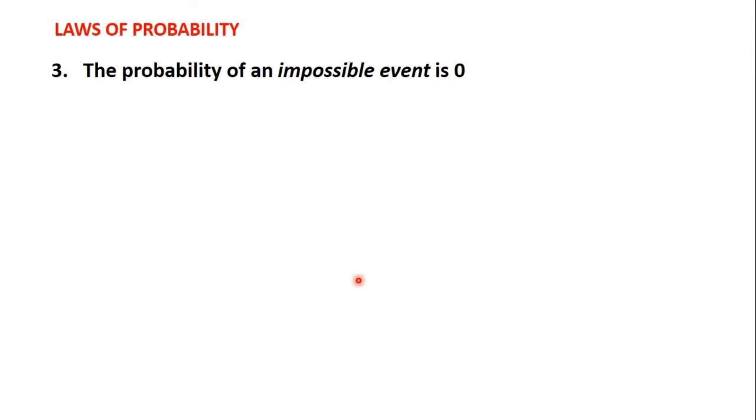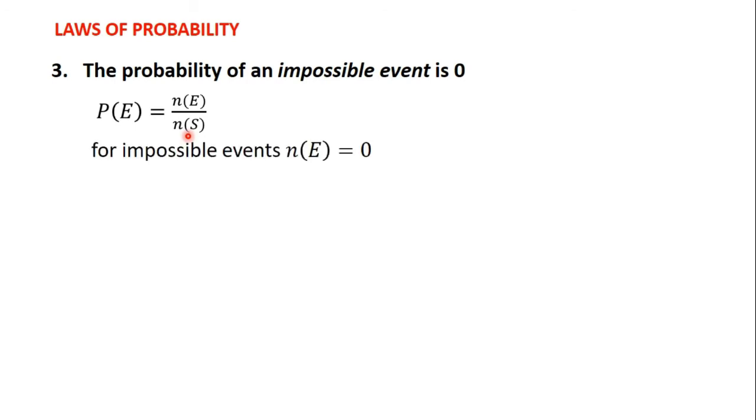The third law is that the probability of an impossible event is 0. We learned in the previous video that for impossible events, it's an empty set or a null set because it does not contain any member. We have just found out that probability of E is equal to the number of elements in E divided by the number of elements in S. But we learned in the previous video that for impossible events, because it's a null set, the number of members or elements in E is going to be 0 because it does not contain any member.